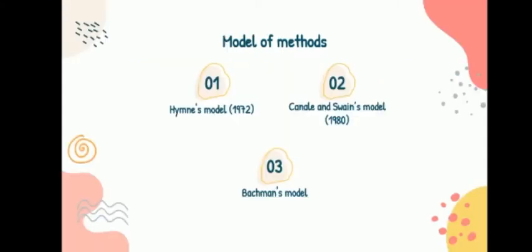B. Models of methods. Number 1. Hymes's model. The term communicative competence is a description of the core of language teaching. A further step in assessing the dimension of language from a communicative point of view: four parameters need to be assessed. Number 1. Whether and to what degree something is formally possible. Number 2.